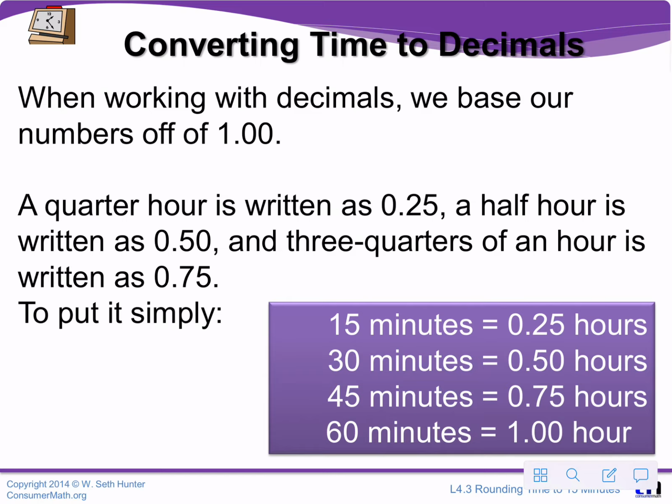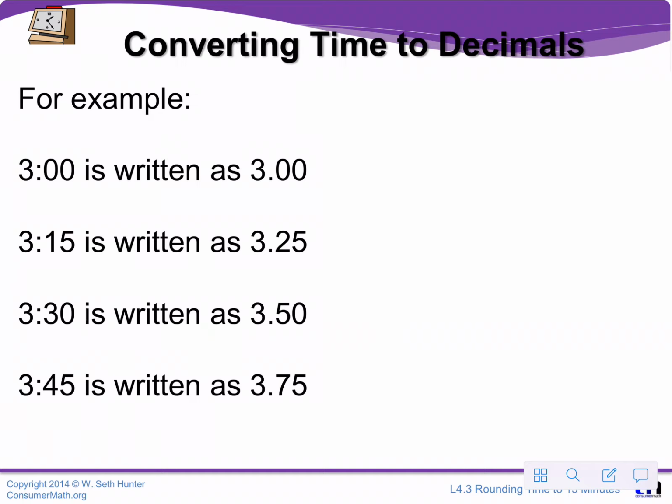When working with decimals, we base our numbers off of 1.00. A quarter is written as 0.25. A half hour is written as 0.5, and 3/4 of an hour is written as 0.75. So convert these times to decimals.